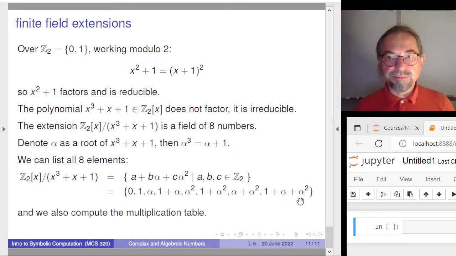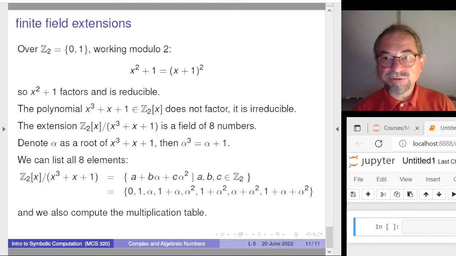We work with predefined complex numbers. We can extend the field of algebraic numbers, adding roots, and we can also do this with finite fields, such as the integers modulo 2. That's the first part of this lecture.